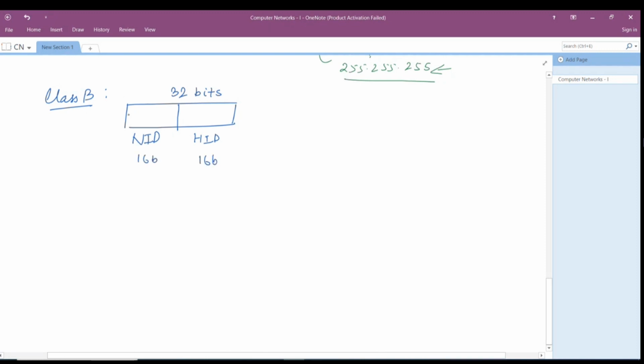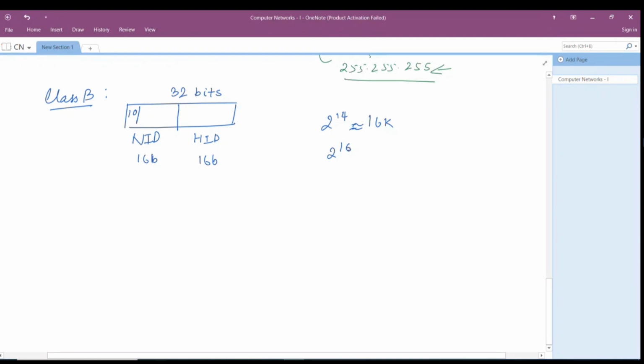And we know that in class B, the first 2 bits are reserved, 1, 0, as we discussed in the above diagram. So how many network IDs are possible? 2 to the power 14, which is roughly equal to 16K. And how many hosts? 2 to the power 16.